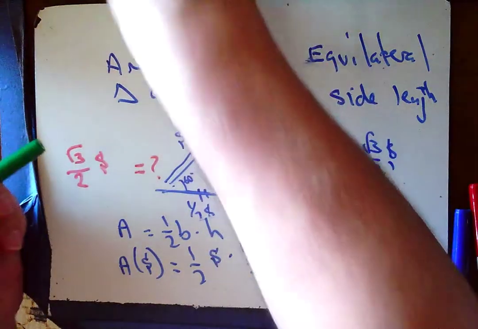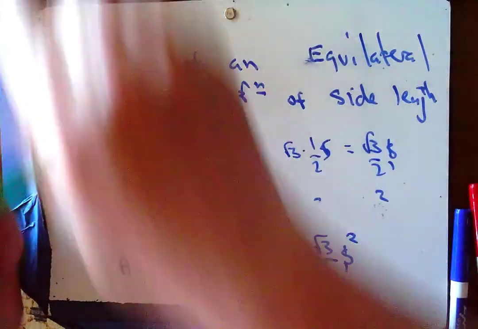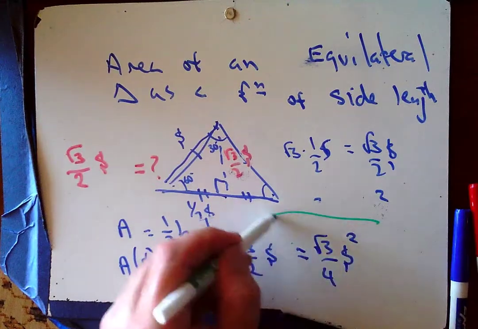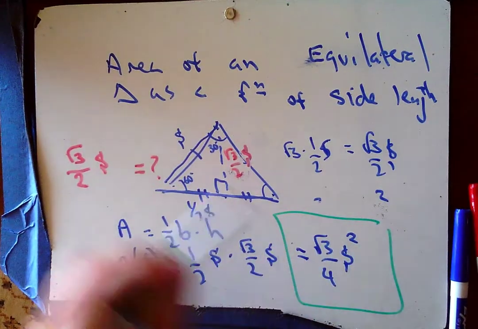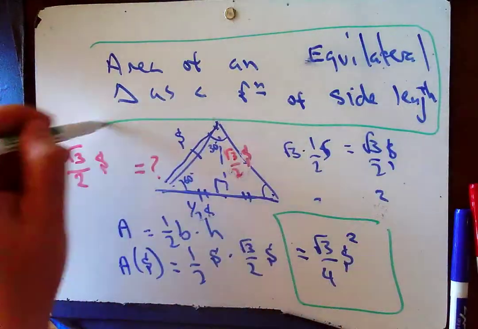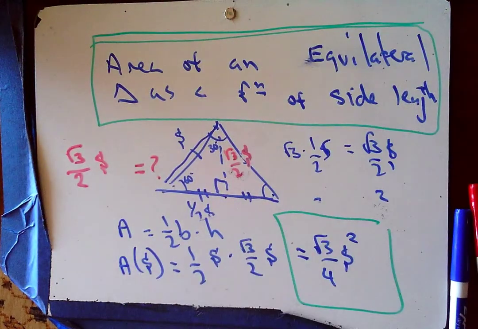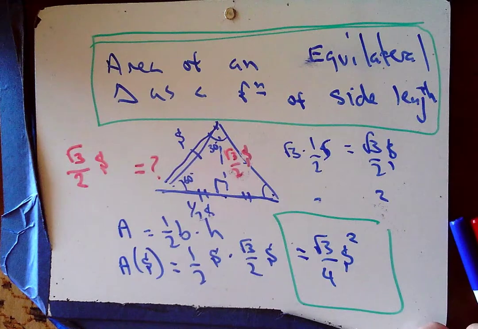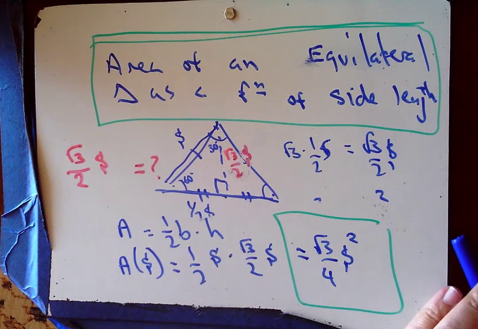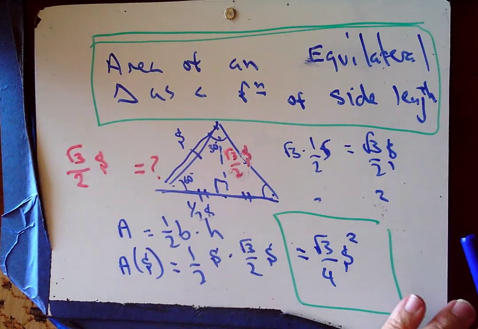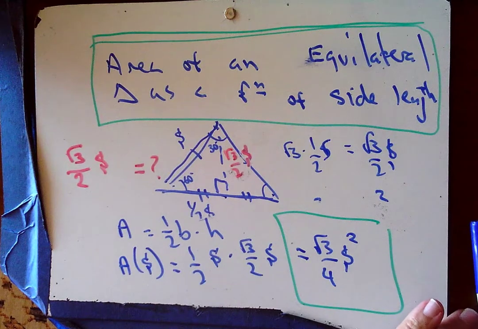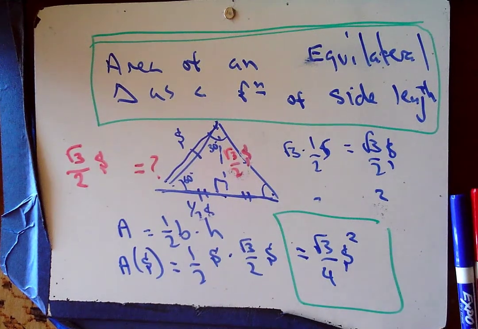This, for example, is one of those formulas. The area of an equilateral triangle as a function of side length. This comes up. They actually expect you to know this. So you might want to write this formula down on a page that you're going to call Formulas I'm Supposed to Remember, and make sure that you keep adding to that as you get new formulas.